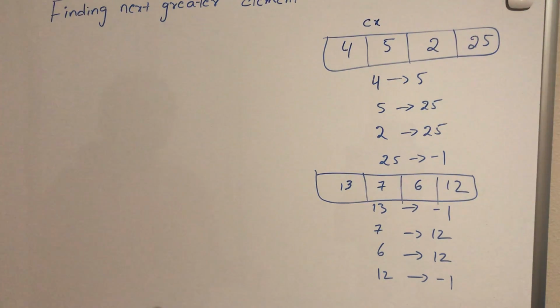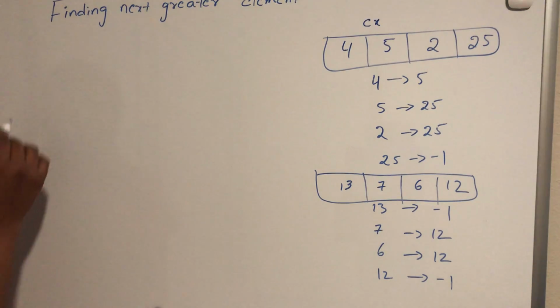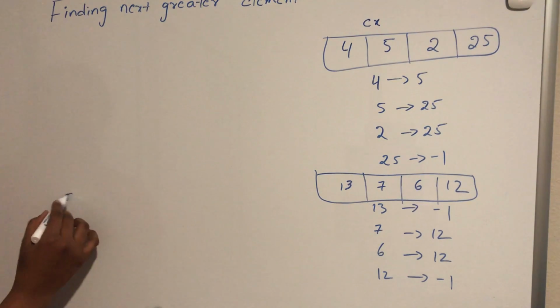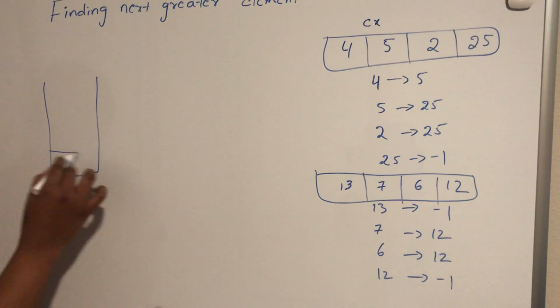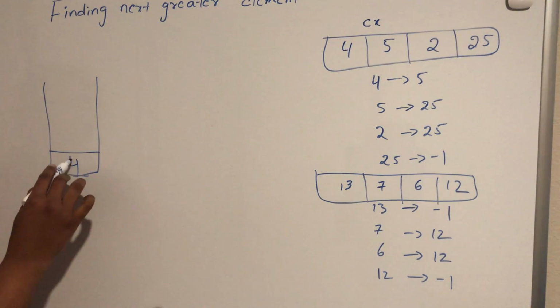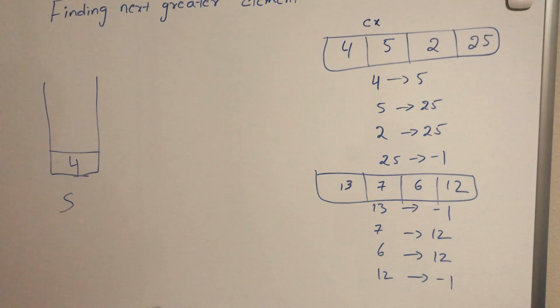We can solve this problem by using a stack. What we have to do here is, first we push the first element into the stack. So this is the stack, and the first element is 4.